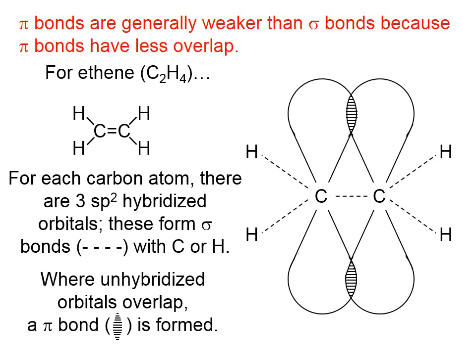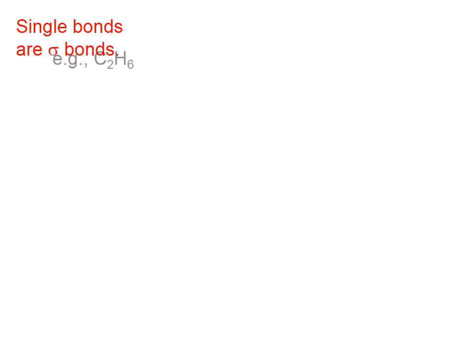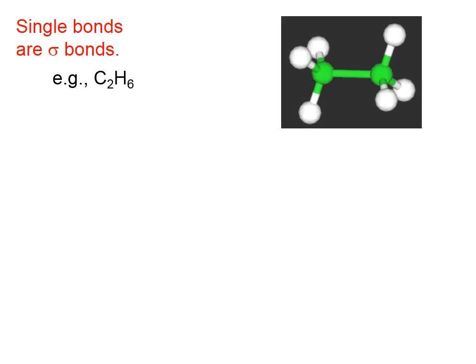That isn't 2 pi bonds, it's a single pi bond. Overlap above the sigma bond, which is here in the middle, and overlap below. Those two overlaps, one above and one below, constitute a single pi bond. As we said before, single bonds are sigma bonds.